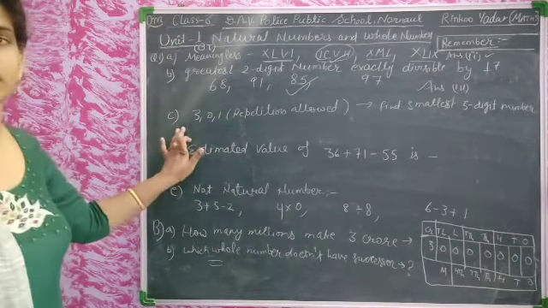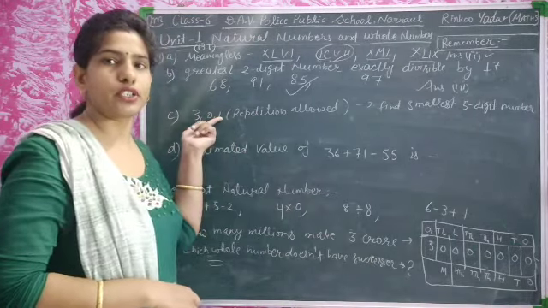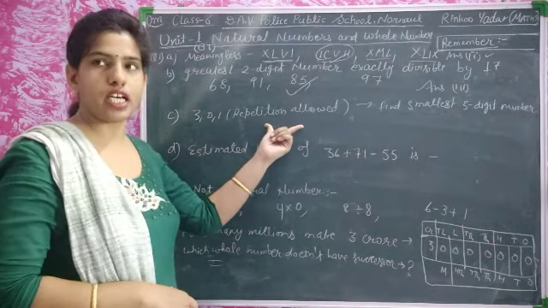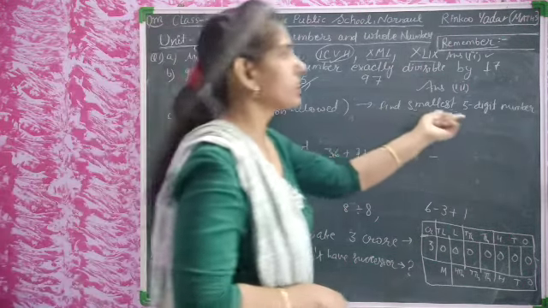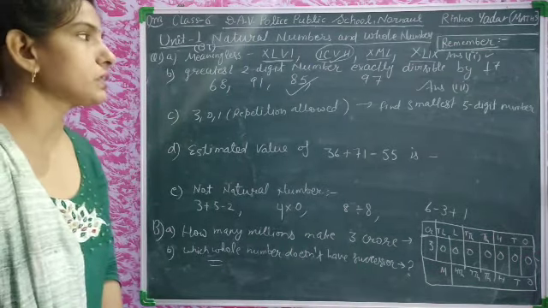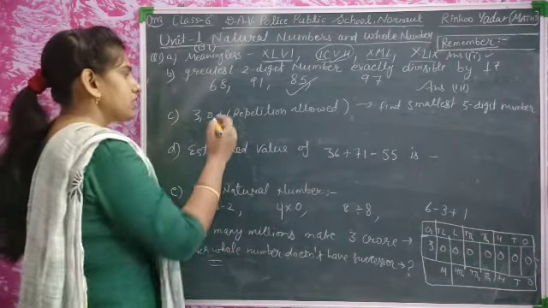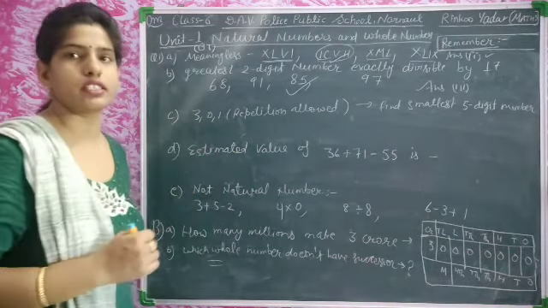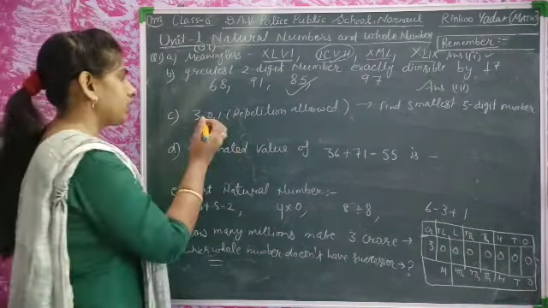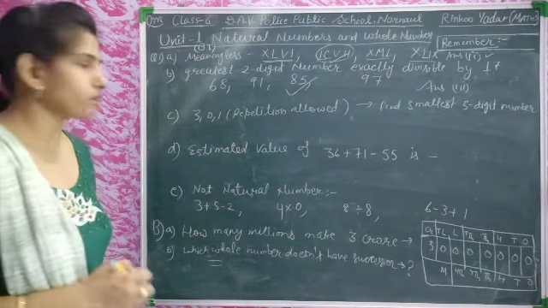Now question number C. 3, 0, 1, 3 digits are used and repetition is allowed here. You have to find the smallest 5-digit number. To find the smallest number, we use the smallest digit first.